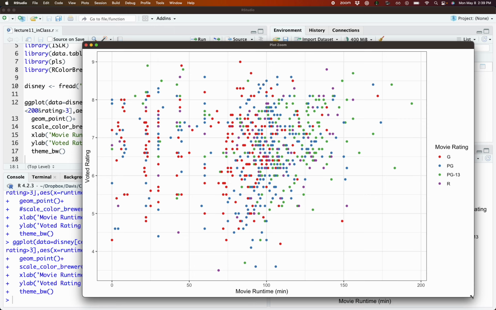So G-rated movies, which kind of makes sense, and then blue or green maybe out here. PG-13 movies tend to be a little bit longer, and so we'll see if that's something that comes out of the modeling when we run it.